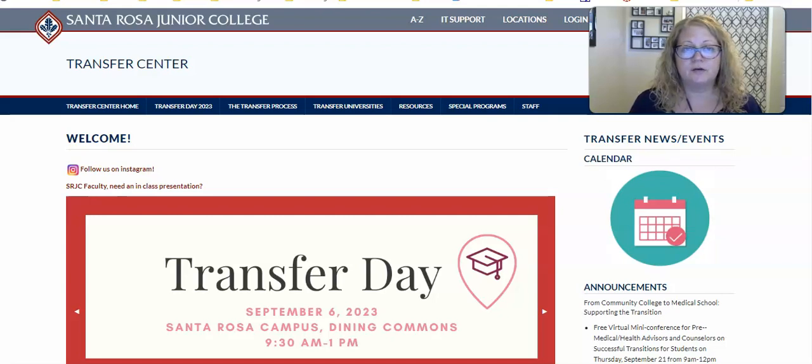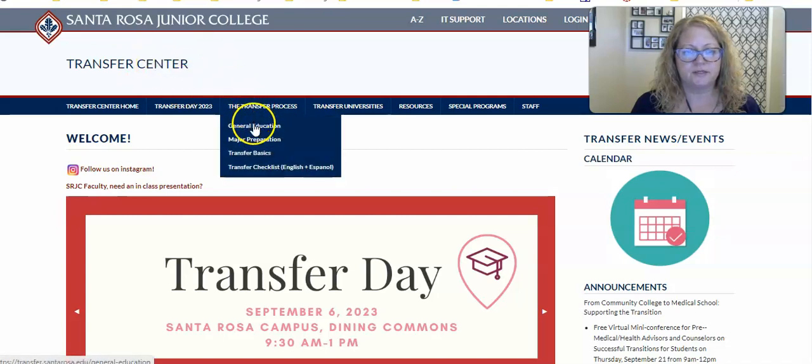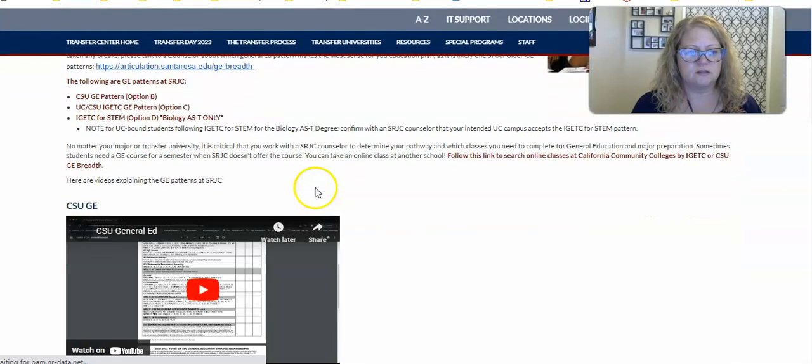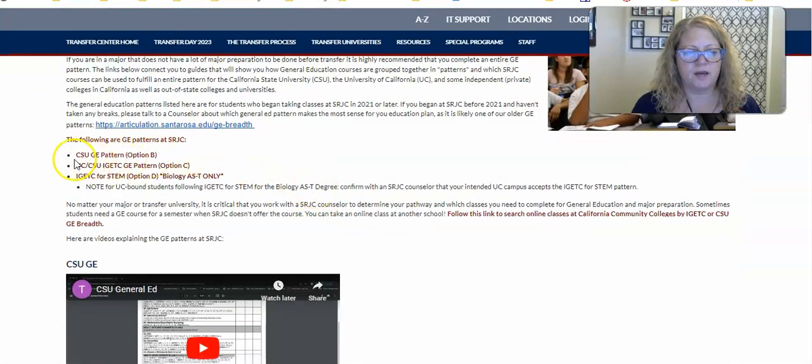All right, so we are going to go over the general education patterns, and on the Transfer Center website, you can go under the transfer process to general education to find each of the sheets. So we have the CSU GE pattern option B, the IGETC pattern that can be used for both the UC or CSU, as well as some out-of-state or California privates.